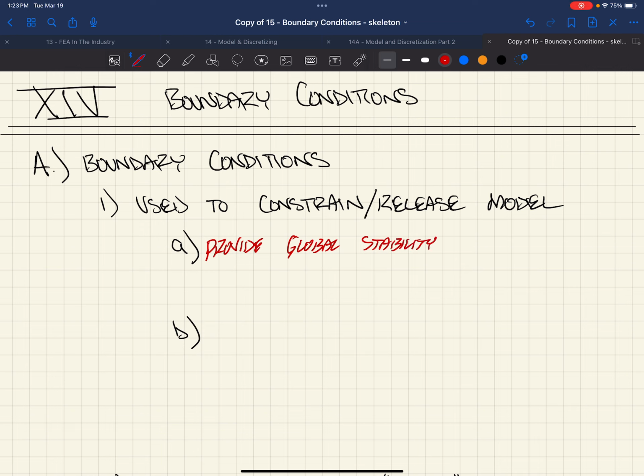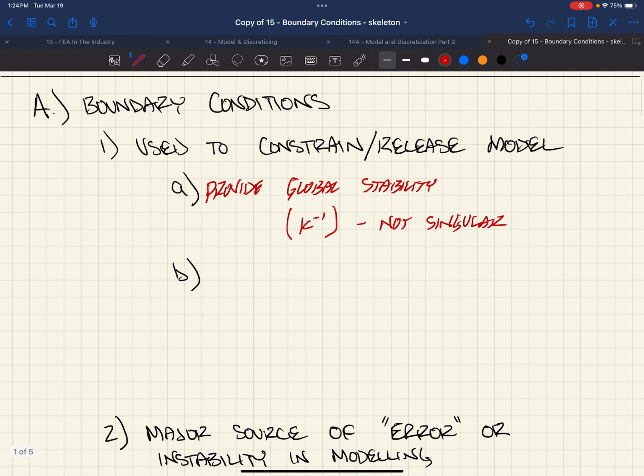And this all comes way back to when we take the inverse of K, it cannot be singular. The determinant cannot equal 0, right? And so we don't want it to be singular. If it's singular, it's not stable. We can't solve our fundamental problem, and therein lies an instability.